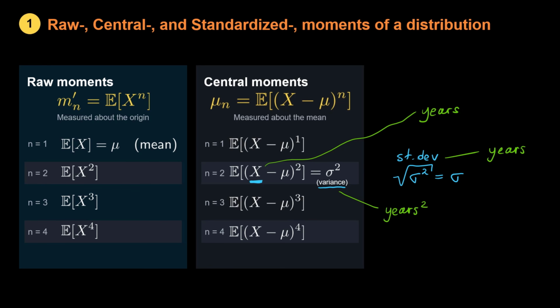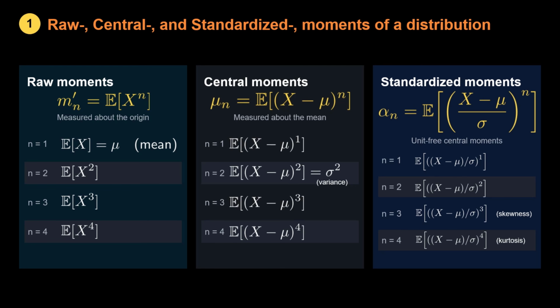So the advantage of the standard deviation is that it is measured in the same units as x, but notice that the standard deviation is not unitless. Unlike skewness and kurtosis, which we'll see in a moment, skewness and kurtosis are unitless. So how do skewness and kurtosis achieve their unitless status, so to speak?